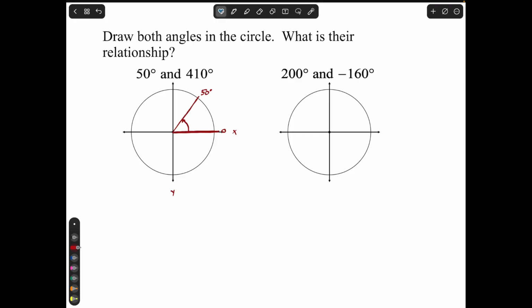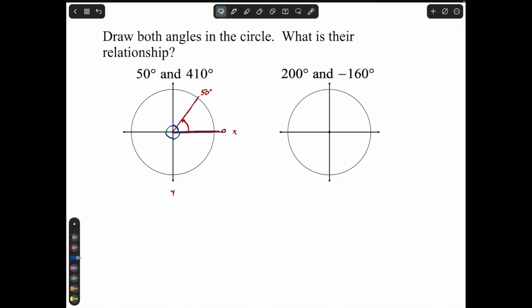Okay, now let's look at 410 degrees. We're going to start at the same initial side. It's also positive. But when I start going around the circle, this would be 90, 180, 270, 360. We've already gone all the way around the circle, so we're going to continue on here.